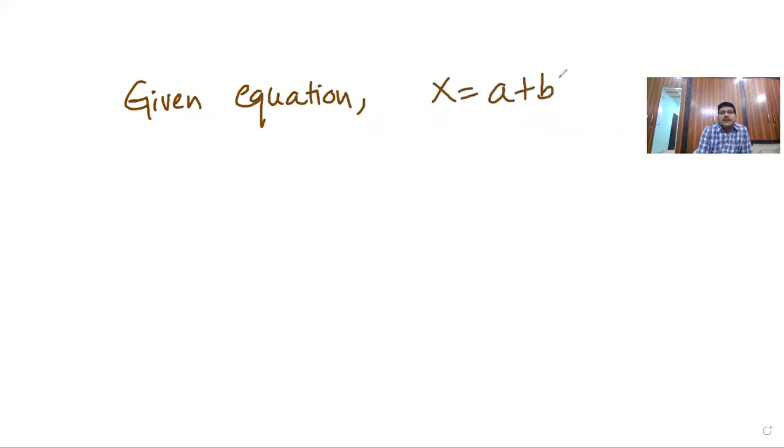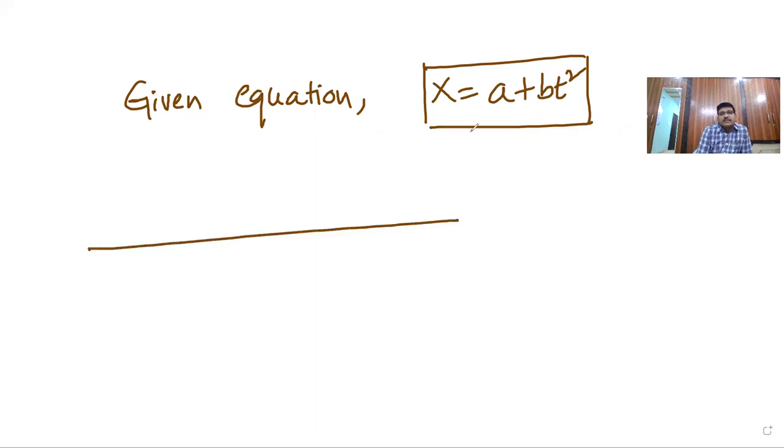Okay, now let us see what is the given equation. The mathematical equation is x is equal to a plus b into t square. Now I am plotting. This is the x-axis, the x direction.